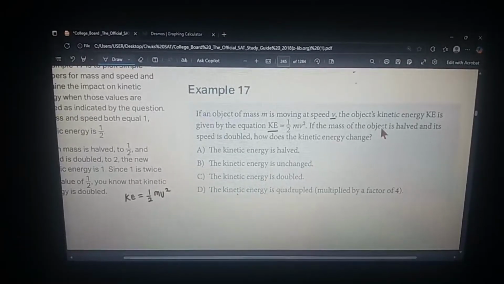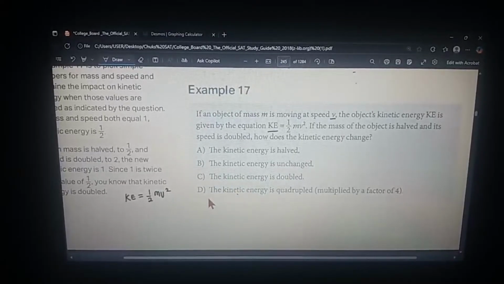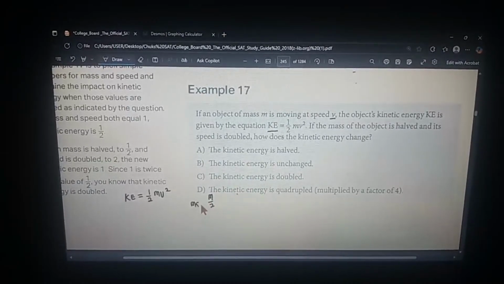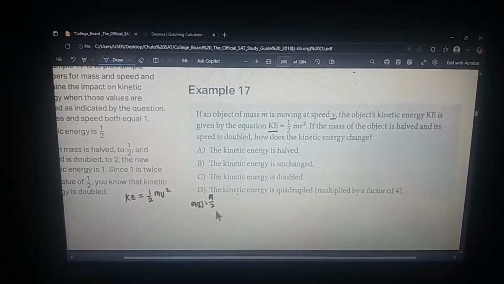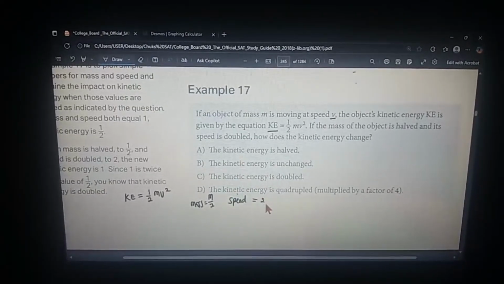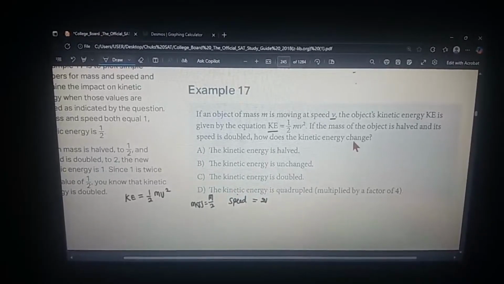It says if the mass of the object is halved, the new mass would be m over 2. That's the new mass. And the speed is now doubled. The speed is v, so when you double the speed it becomes 2v. They are asking us, how does the kinetic energy change?